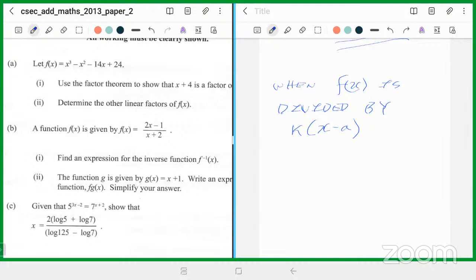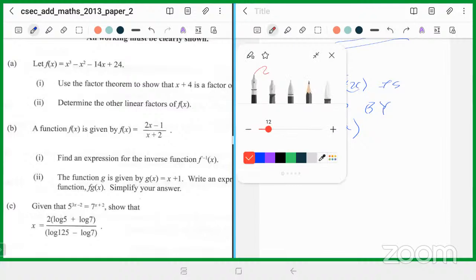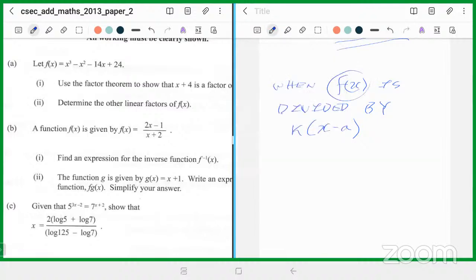Only linear divisors that can be placed in the form constant times x minus a, because you want to see what your a is. So when f of x is divided by a linear divisor in the form k times x minus a, where k is a constant, the remainder is f of a. That is the remainder theorem.